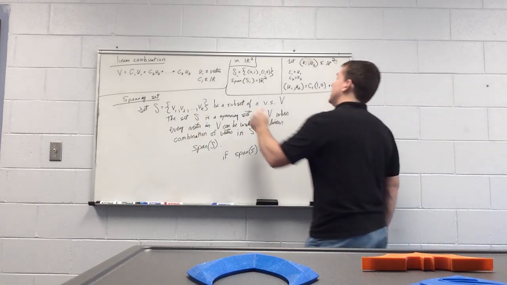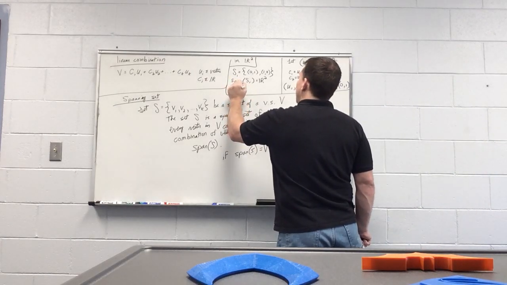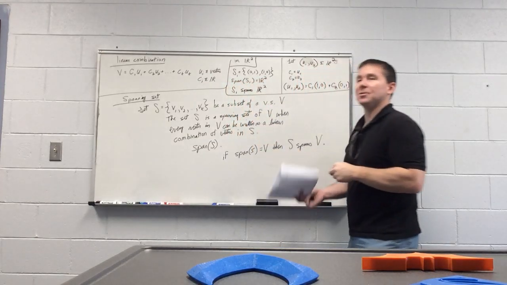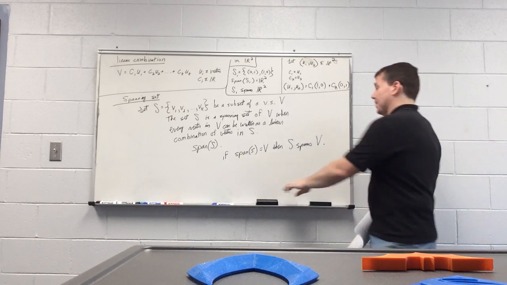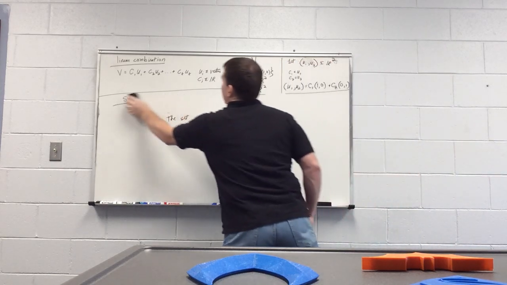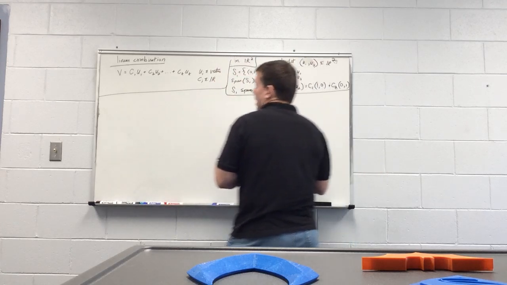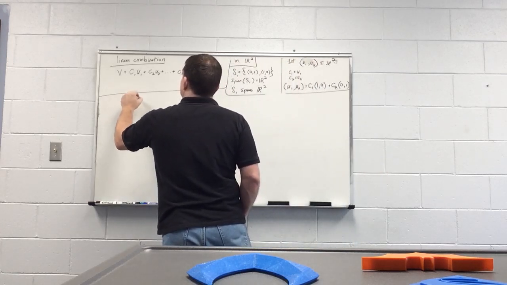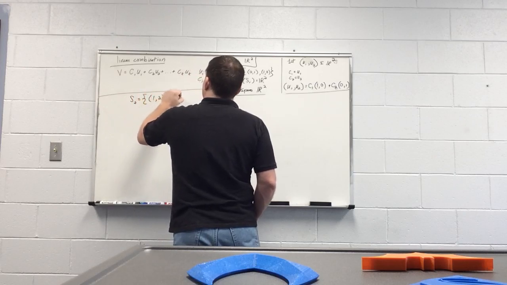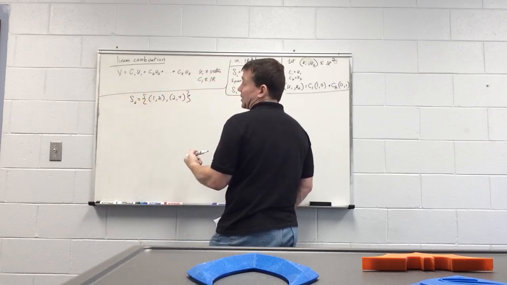Which means the span of S is all of R2. So in this case, S sub 1 spans R2. Suppose we have something else. Let S sub 2 equal the set 1, 2, and 2, 4. Those two vectors.